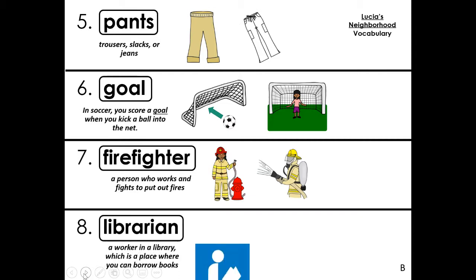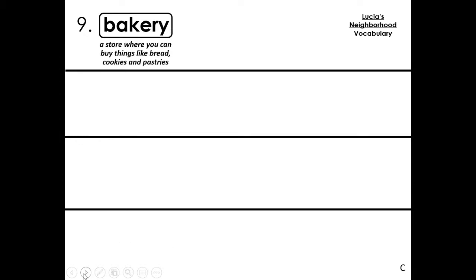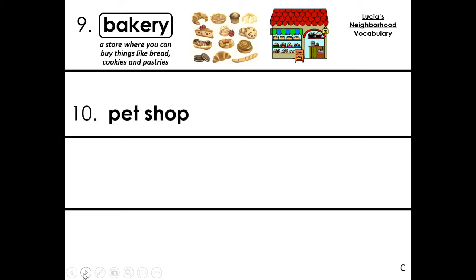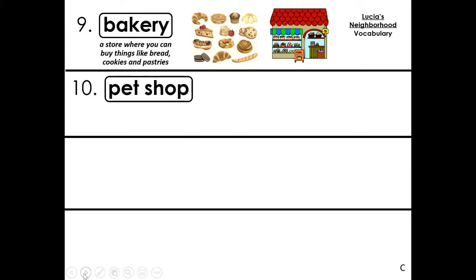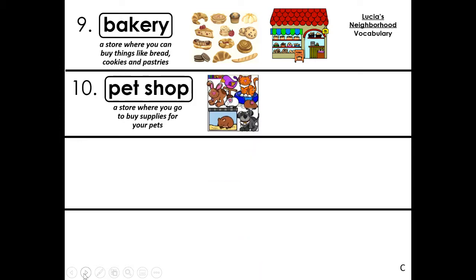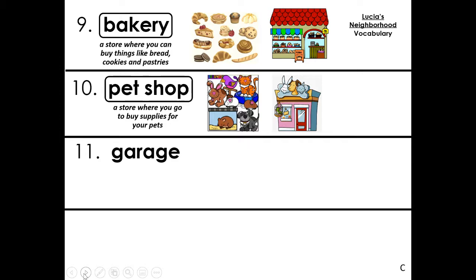A worker in a library, which is a place where you can borrow books. Librarian. Number 9, bakery. A store where you can buy things like bread, cookies, and pastries. Bakery. Number 10, pet shop. A store where you go to buy supplies for your pets. Pet shop. Number 11, garage.